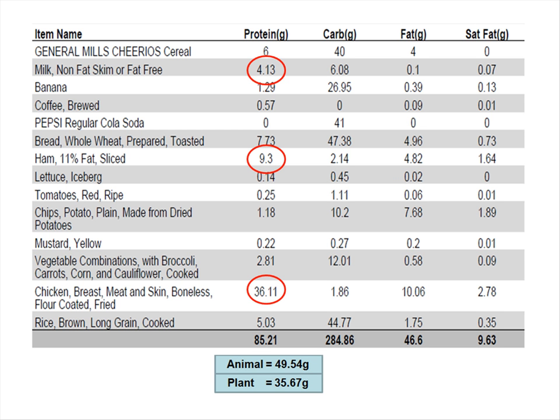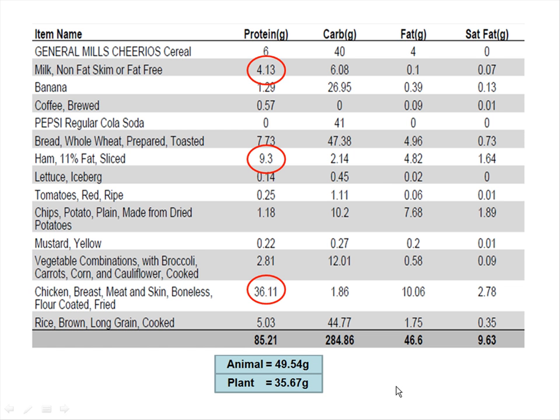Okay, and then you do that for each day, and then the easy way would be to just determine one or the other of these and add them up for the 3 days, and then divide by 3 to get an average of animal or plant.